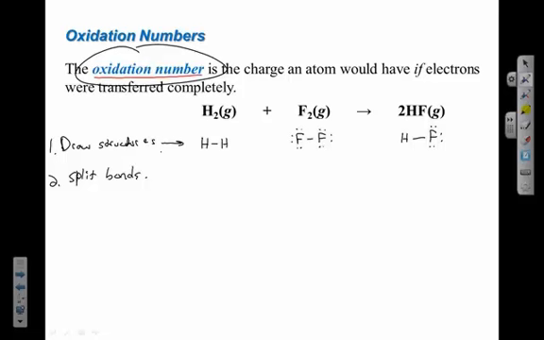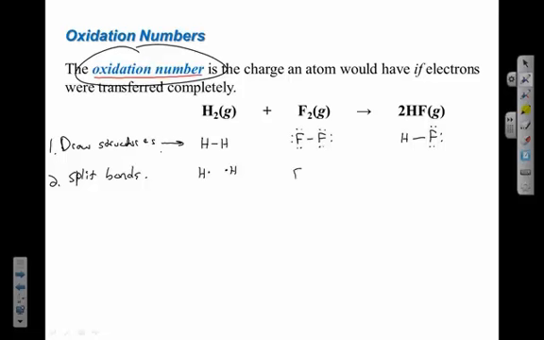Either split the bonds evenly if the two atoms have the same electronegativity, or split the bonds unevenly if they have different electronegativities, then the one that's more electronegative gets both electrons that were shared. So in the case of the hydrogen, they have the same electronegativity, so when I split the bond, I give each hydrogen one electron.